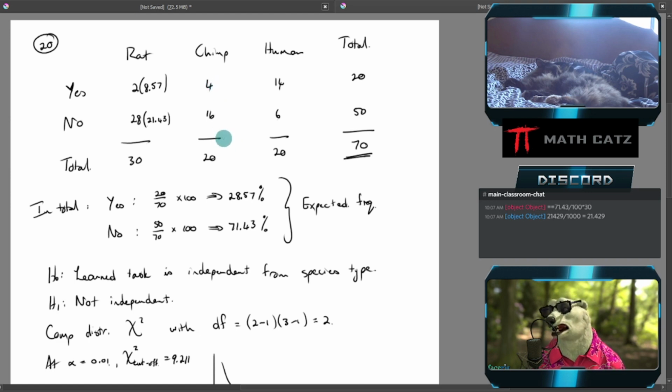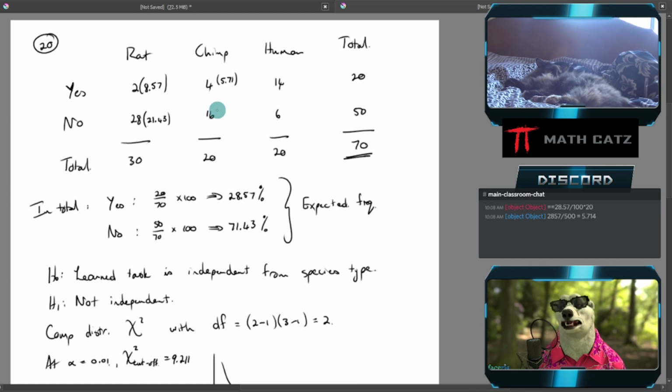Now, exactly the same thing. I expect 28.57% of the 20 chimps. Let's do that. 28.57% of the 20 chimps is 5.71. And you see, that's pretty close to what I observed.